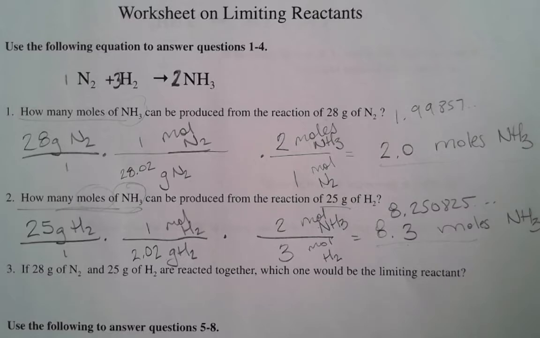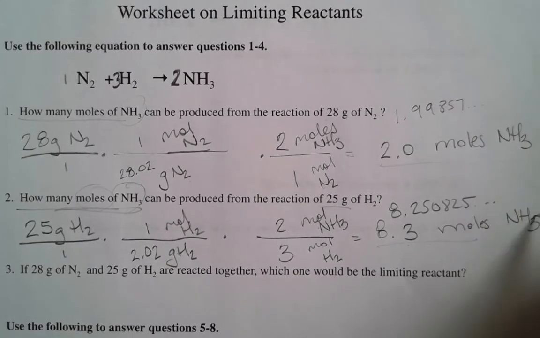But what you're actually starting to see here is that since these results are comparing the same product and the same unit, moles of NH3 and moles of NH3, we can see which reactant ran out first and which was extra, which we had too much of.